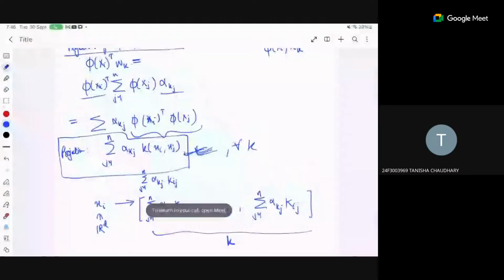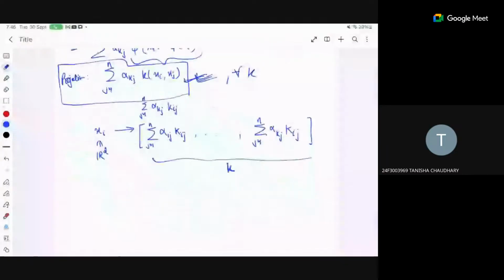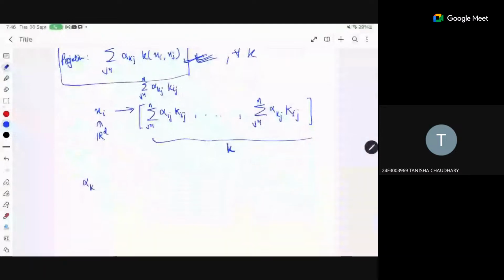So, yeah, again, that is a problem. Let's go back. What was alpha k? Alpha k was given by x1 transpose wk over the square root of n lambda k, going on to xn transpose wk over the square root of n lambda k.